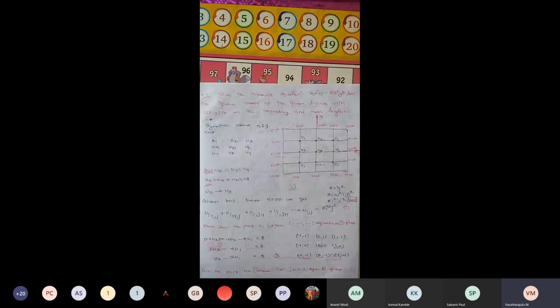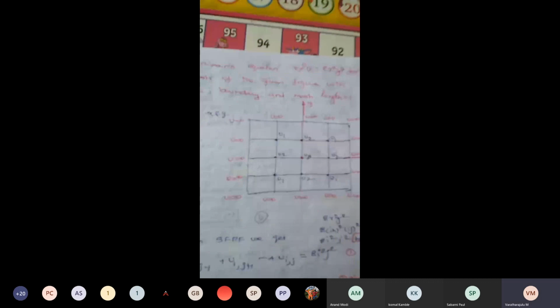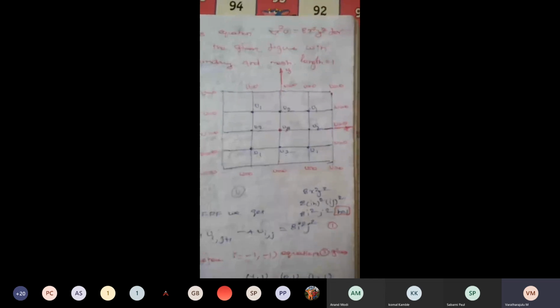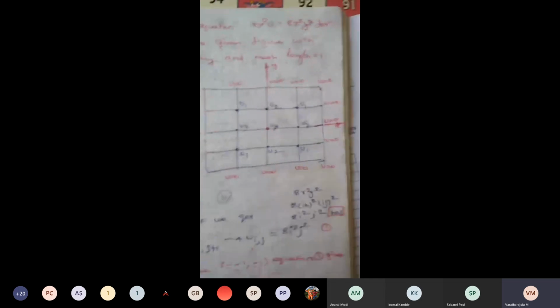Please make a note. It is a simple 9 mesh problem which has boundaries 0, and we can dilute this problem by taking symmetry.